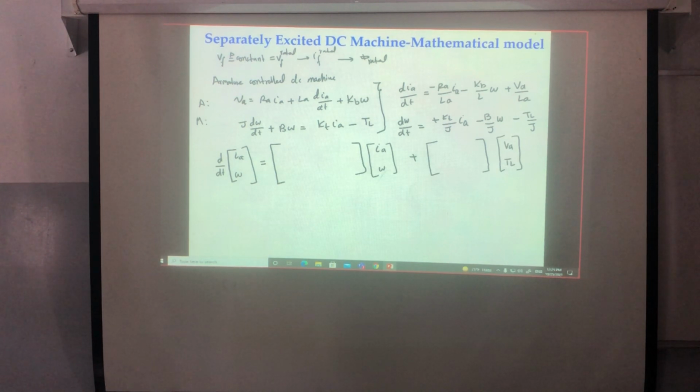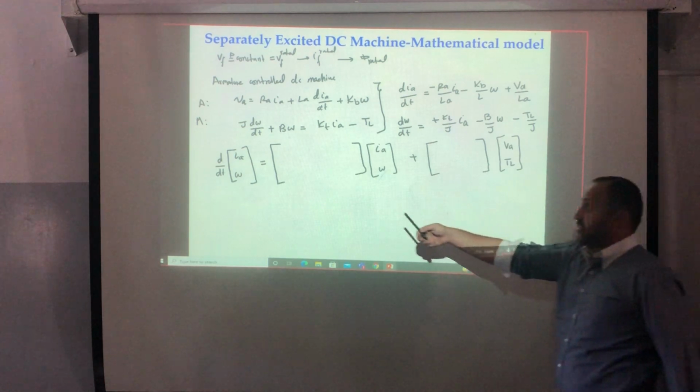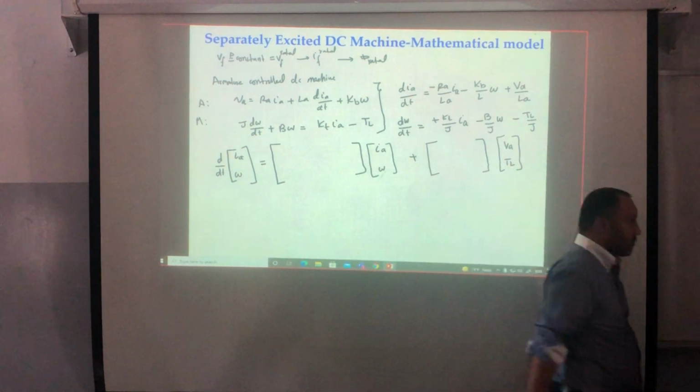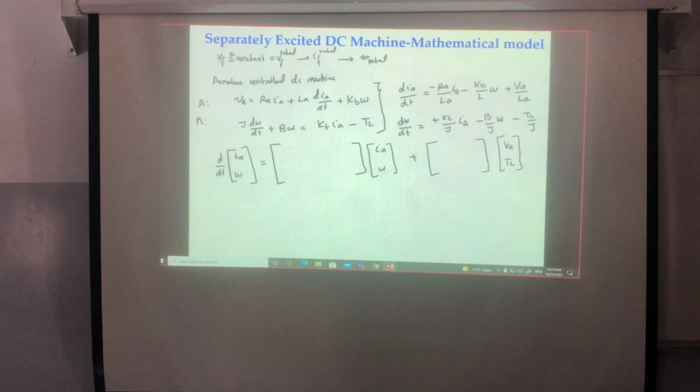Now, who can help me with the first matrix? The first element equals what? Minus RA over LA. Simply go to equation number 1, search where you can find IA, take its coefficient, and put it here. So this will be minus RA over LA.